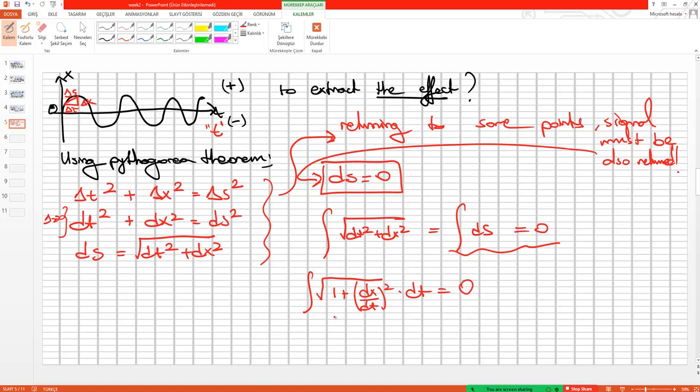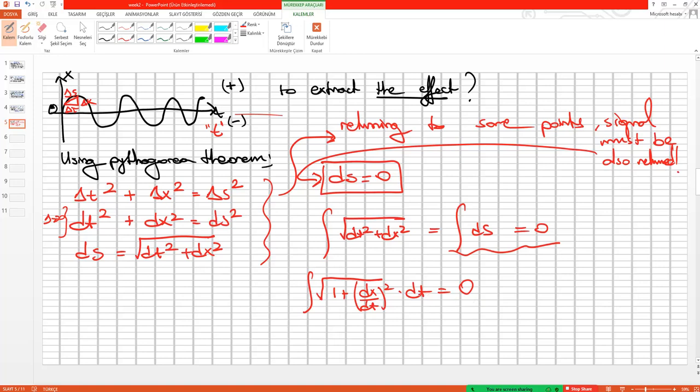Because we don't have any real object or real representation in real life. We don't have any change, but the effect is coming from another place, another imaginable place. And so if we take an integral of these values, which is ds, it must be equal to 0, and then we can say that this integral must be equal to 0.